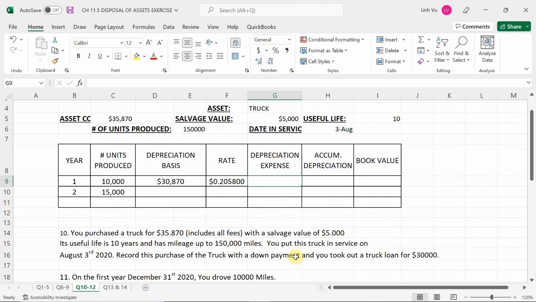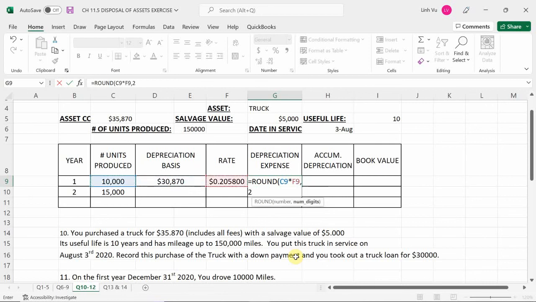So in this case, if I drove 10,000 miles, how much do I need to depreciate my truck for? If it's going to cost me 0.2058 per mile and I drove 10,000 miles. Will it be 6,353?